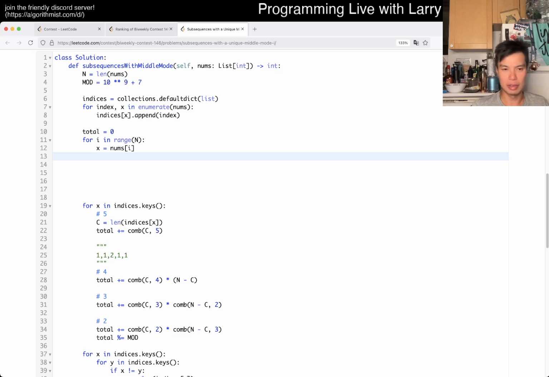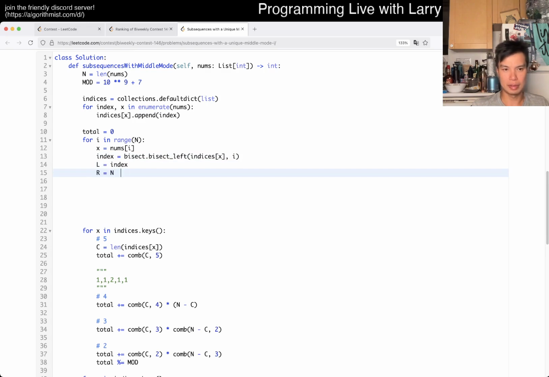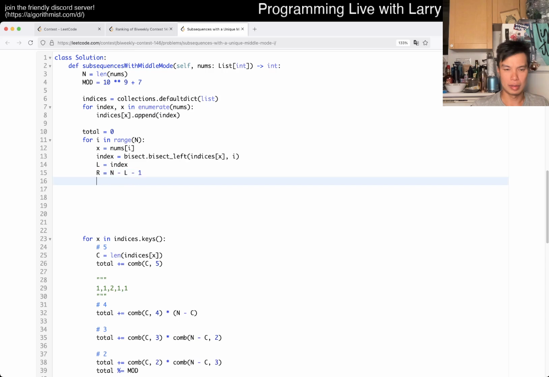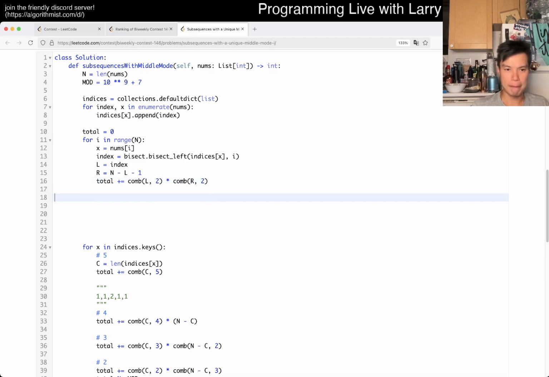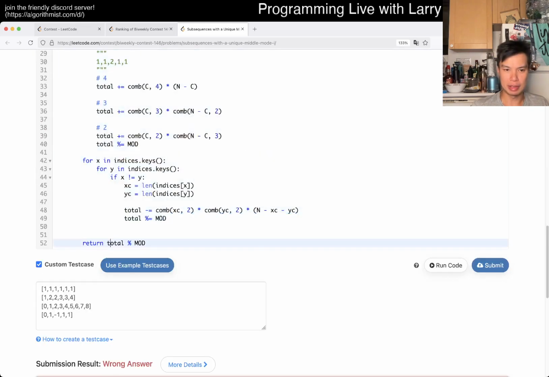Okay, so... That, okay, so then column L choose 2 times. Okay, I mean we have to figure out, it's going to be similar, but I don't know. Let's just comment this out.